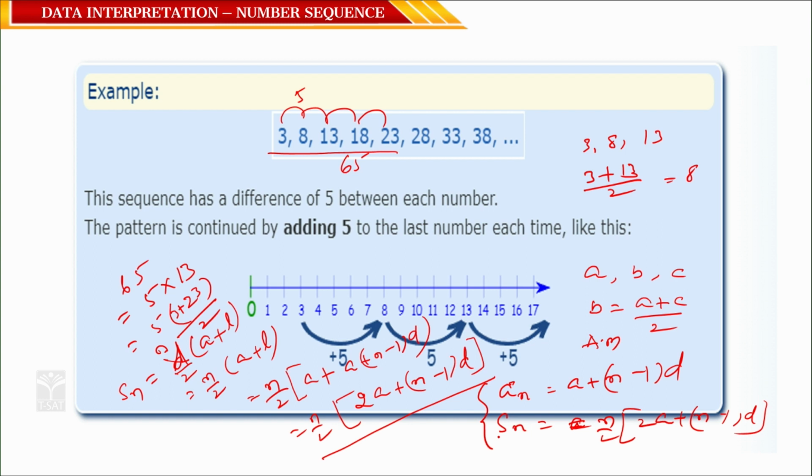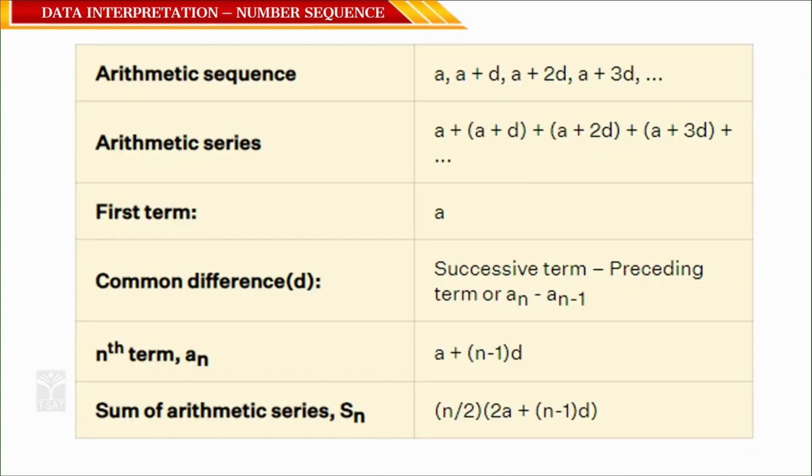When A, B, C are 3 numbers which are in AP, then the arithmetic mean is equal to A plus C by 2. Clear? Okay. Now we will see it once again in a clearer way.